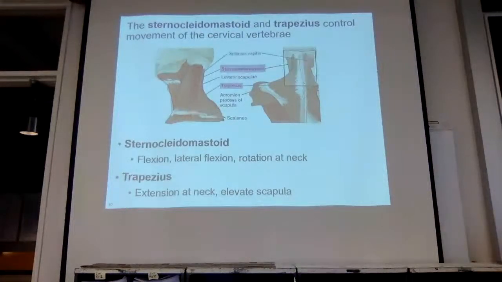Since the back body, extension would be, this makes sense. Look at the book.